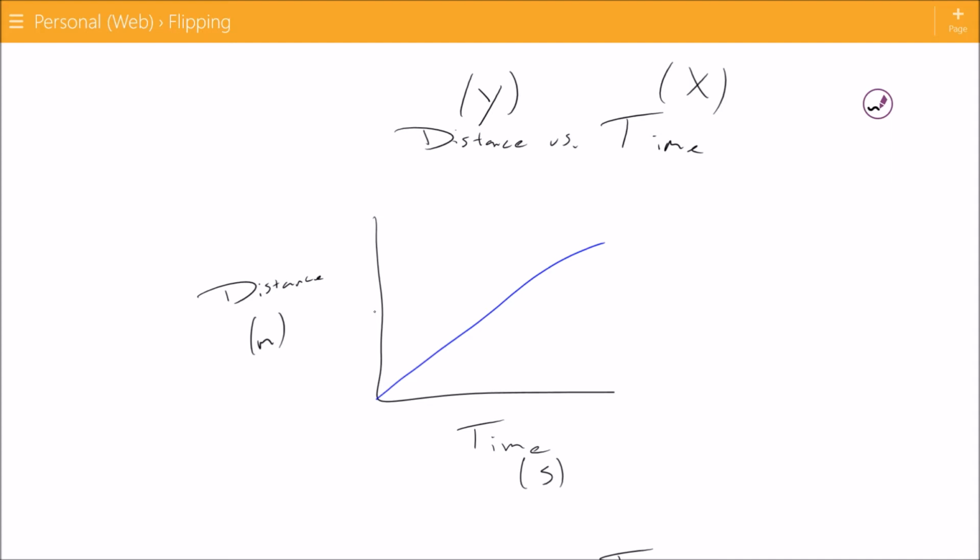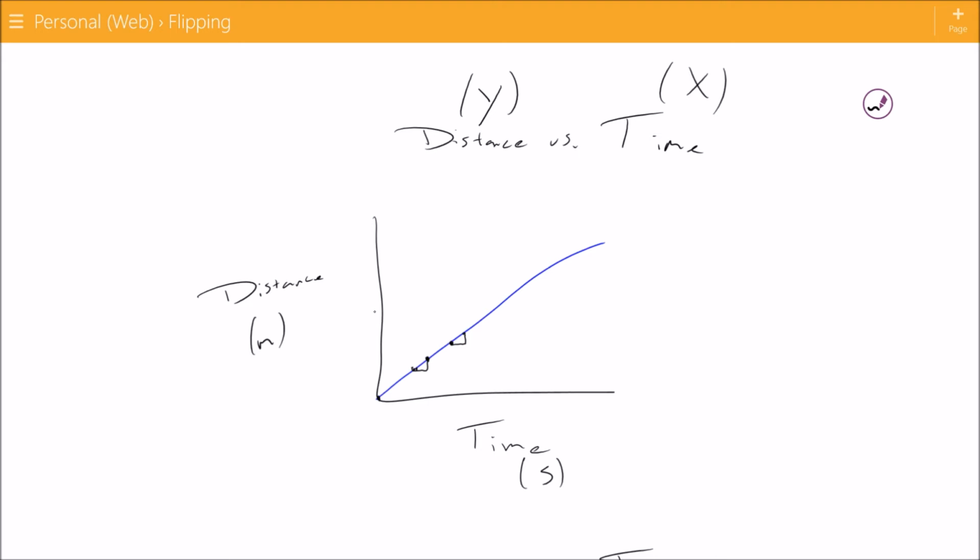So looking at this, what I would see is that I'm always increasing. So the distance away from the starting point is always increasing. So you're always moving away from something. And the slope, if we look at a change from like here to here, we're able to look at that slope.